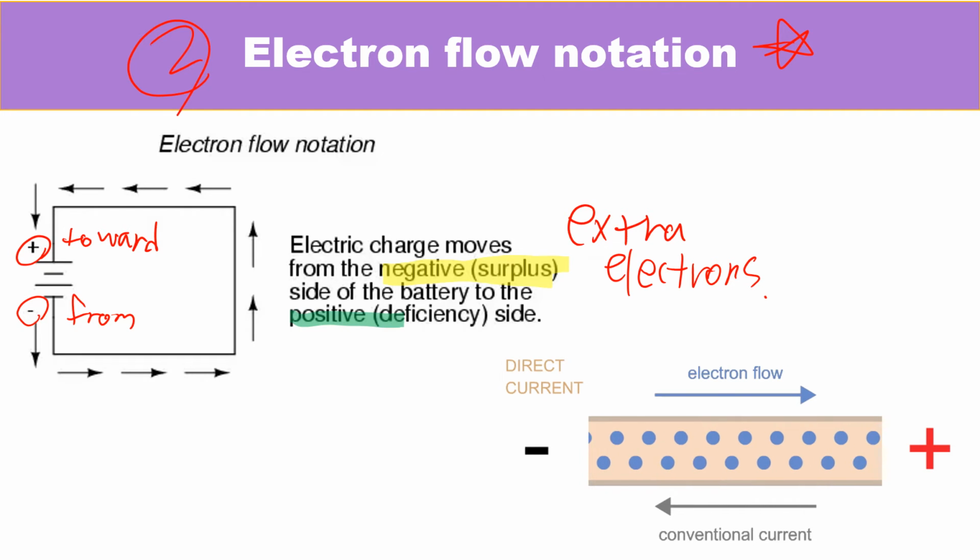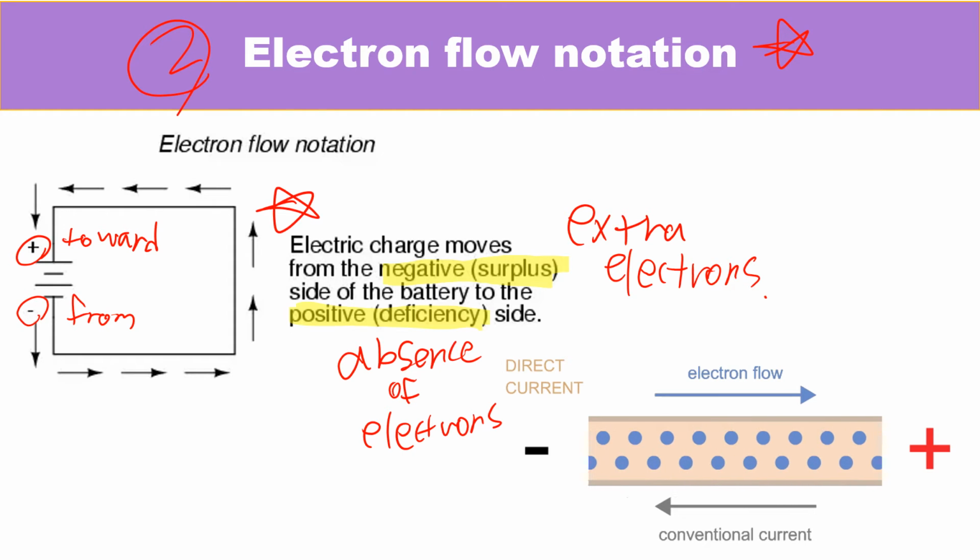On the other hand, positive means we are absent of electrons, so there are more protons, thus we use positive as notation. That part is the absence of electrons.